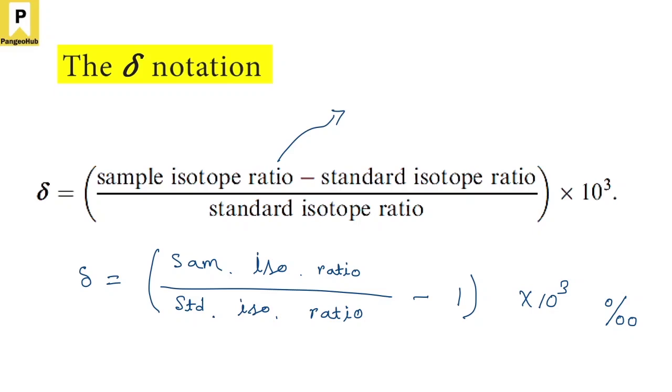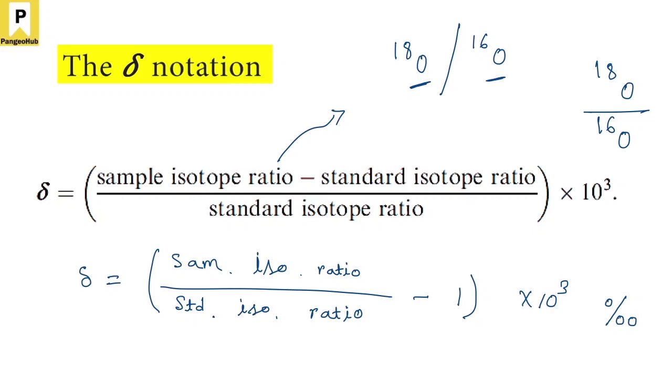We deal with this oxygen isotope and this oxygen isotope. So this is heavier, this is lighter. So this isotopic ratio will be somewhat like this: 18O divided by 16O. This will be the ratio we use.